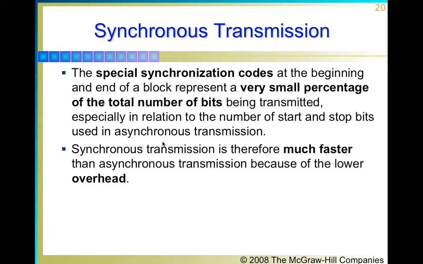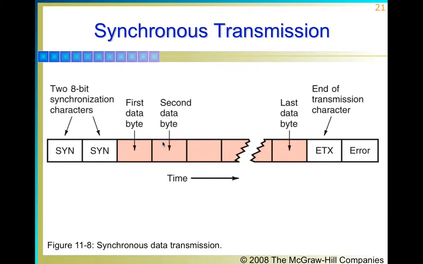So we use these special synchronization codes, which are a very small percentage of the total number of bits, and therefore it is much faster than the asynchronous transmission, which has an overhead of greater percentage compared to synchronous transmission, where we have less overhead. Here you can see a diagrammatic demonstration of a synchronous transmission.